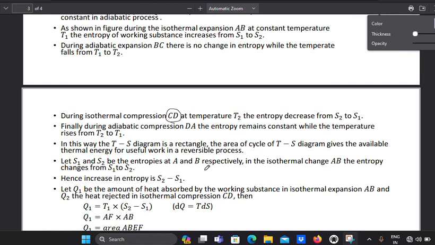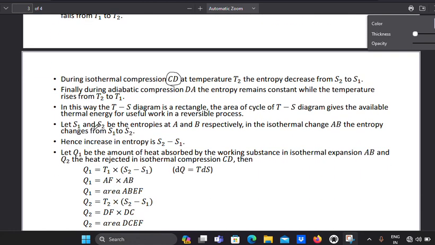Next, let S1 and S2 be the entropies at A and B respectively. In the isothermal change AB, the entropy changes from S1 to S2. It is isothermal expansion only. In isothermal expansion, the entropy changes from S1 to S2, that means entropy increases.